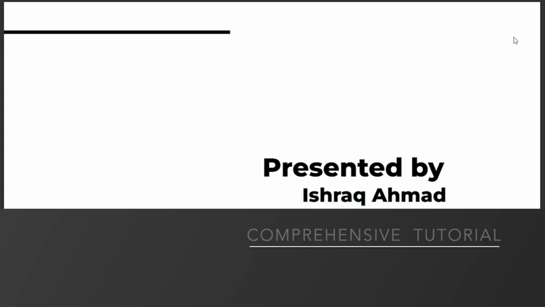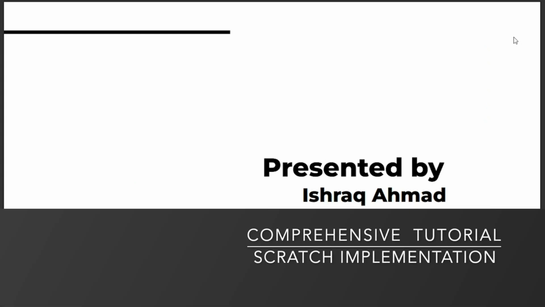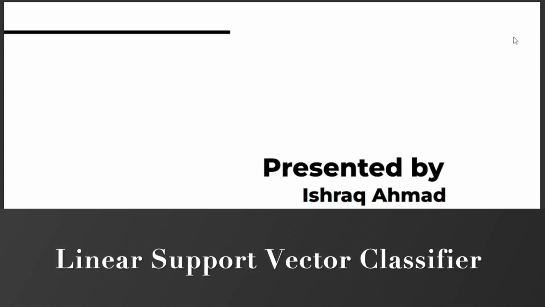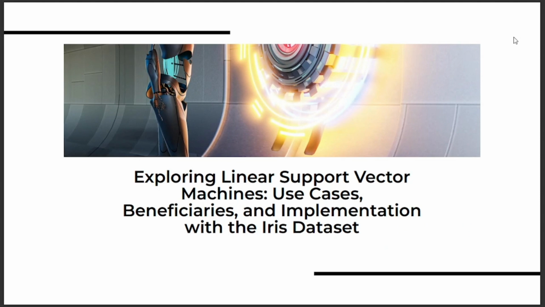Hello everyone, and welcome to this comprehensive tutorial where we'll not only implement a linear support vector classifier from scratch, but also dive deep into understanding the logic behind it. Before we get into coding, let's first take a moment to understand what we're building.